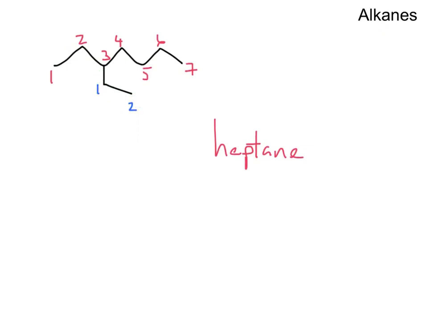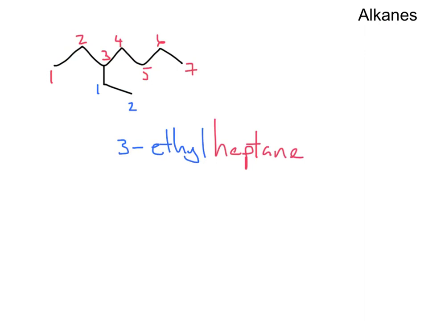So the full name is going to be 3 hyphen, and if it's 2 carbons long, it's called an ethyl branch. So the full name is 3-ethylheptane. Again, 1, 2, 3 ethyl, 1, 2, 3, 4, 5, 6, 7 heptane, 3-ethylheptane.